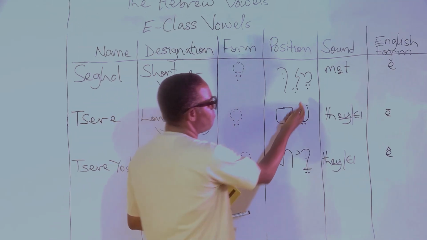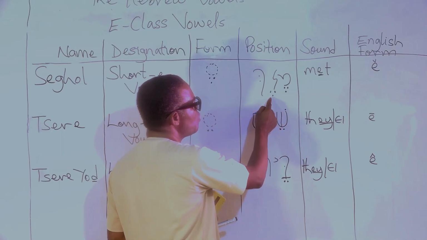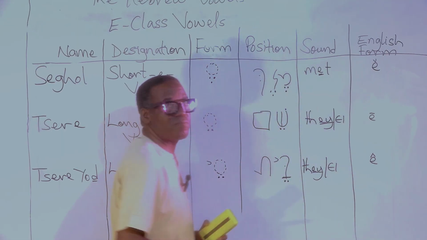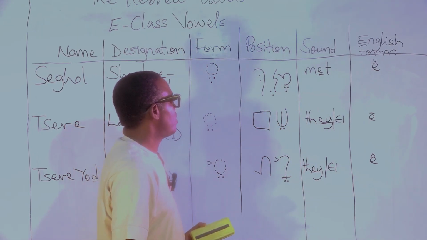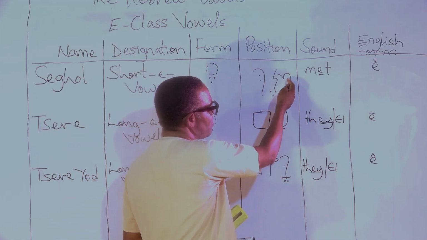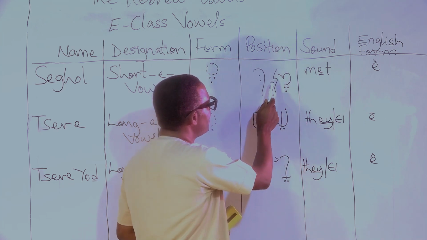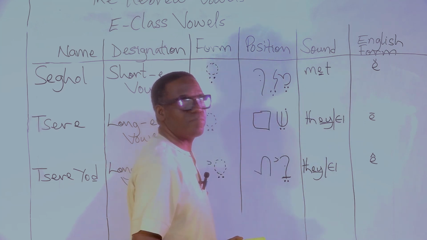Then the position is below the consonant. Here we have two segols, two dots beneath the consonant. The first consonant is mem, and the second one is lamed.